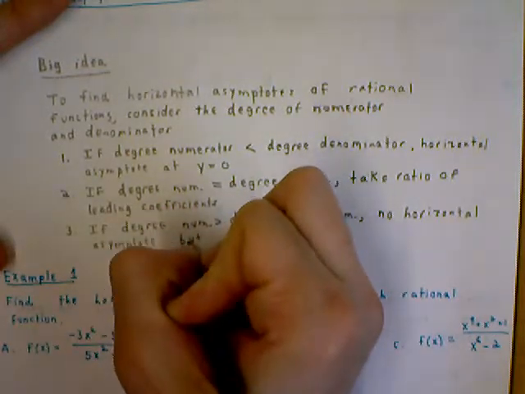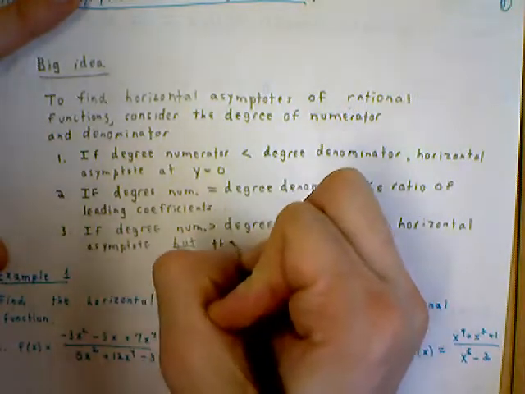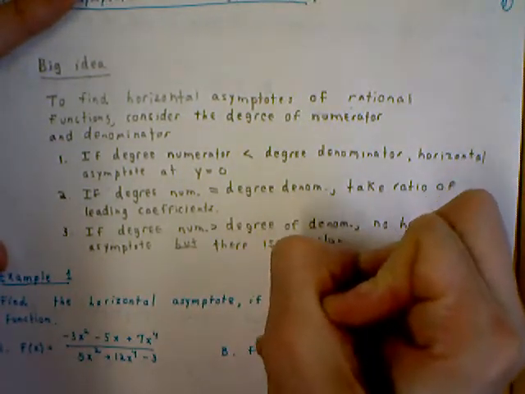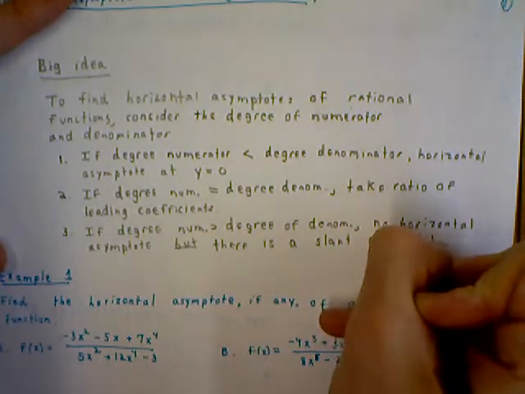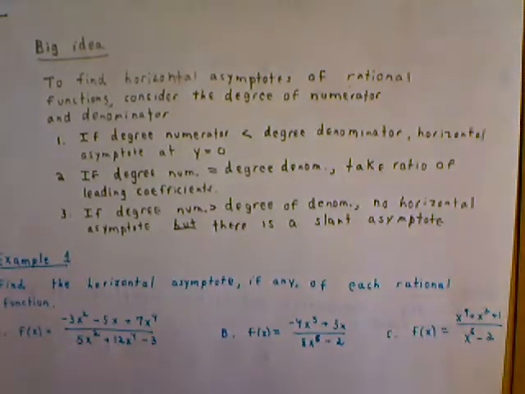But there is a slant asymptote. All right. So these three big ideas, or this whole big idea with 3 cases, we're going to use for the rest of the video.